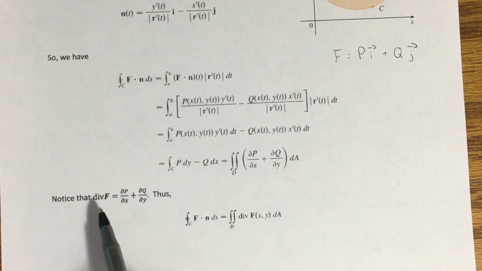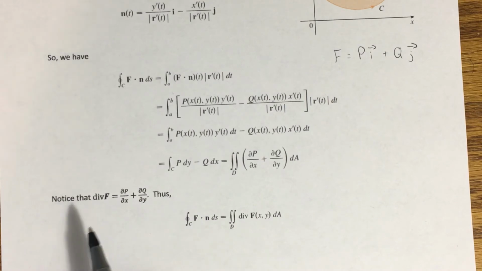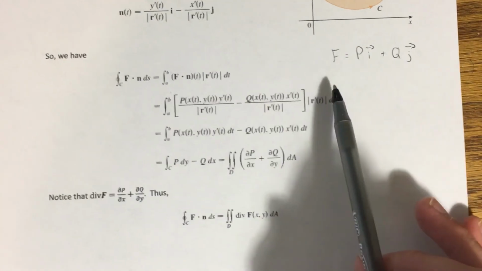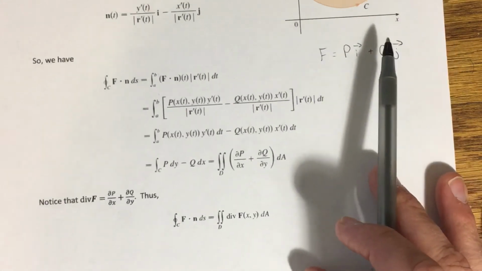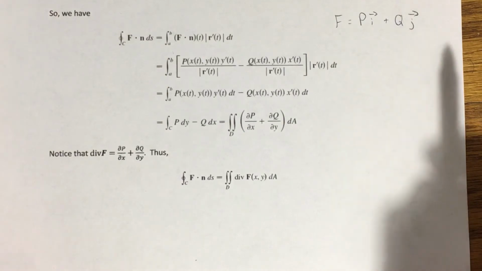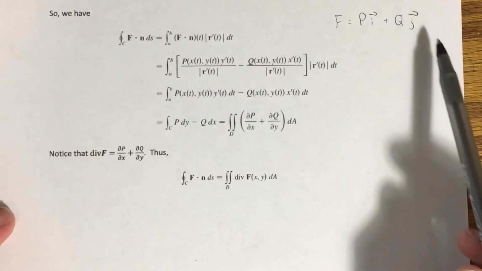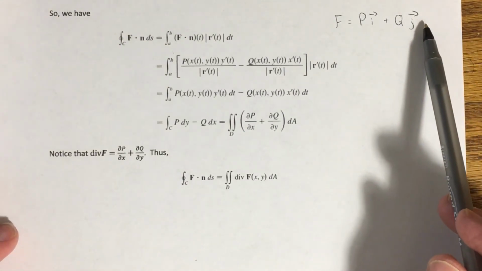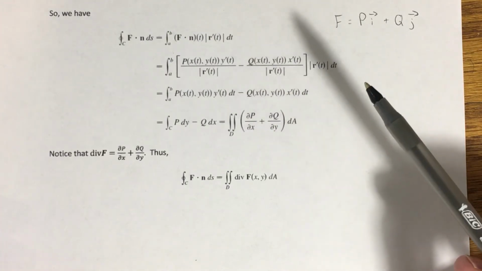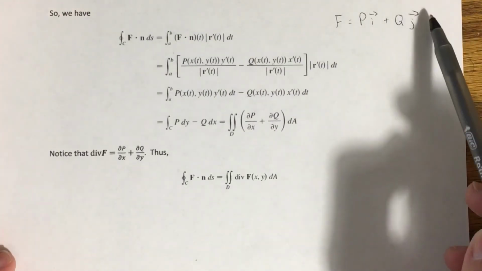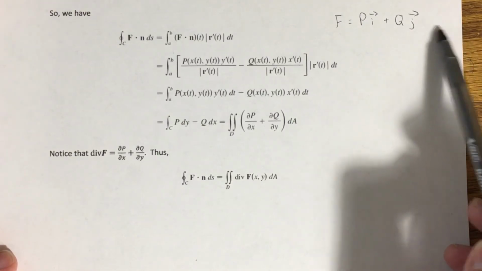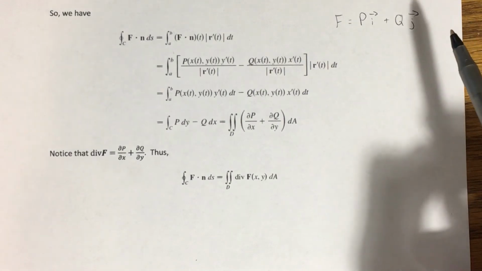Now again, we've defined divergence to be the del operator dotted with our vector field, and normally we've been thinking of the divergence only with respect to vector fields in R3. But like we said before, you can take any vector field in R2 and think of it as a vector field in R3 by embedding it, which means adding plus 0k here. Make a k component and just set it equal to 0.